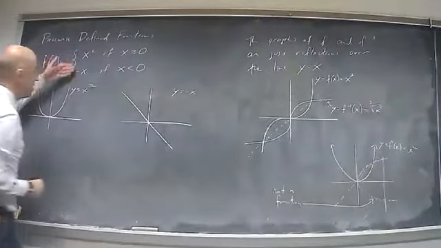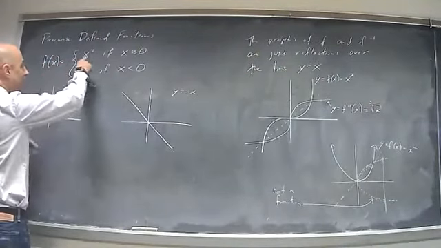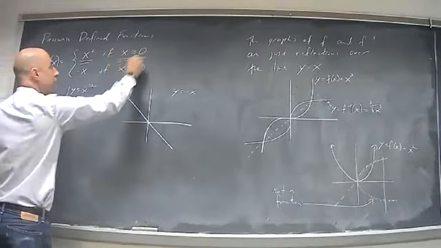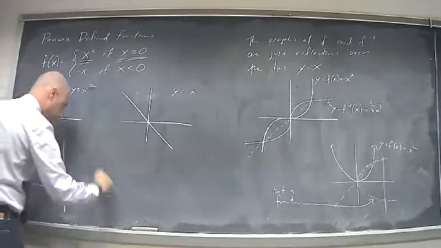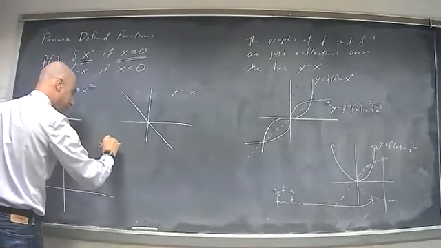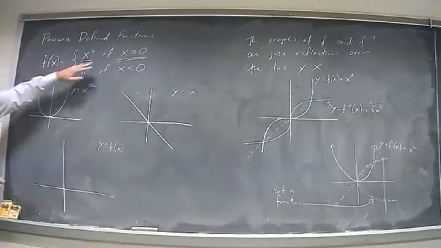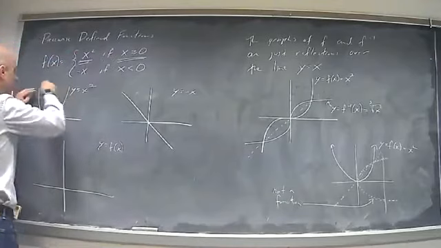All this complicated notation says is, I'm going to take the part of this graph to the right of 0. So if I'm graphing y equals f of x, as I've defined it up here, I'm going to take the part of x squared to the right of 0.